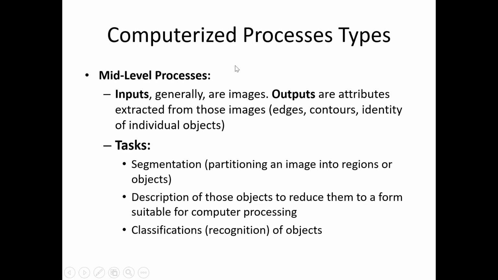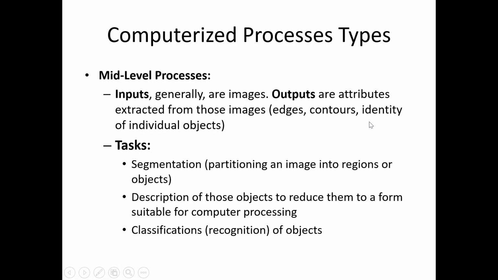Such operations come under low level processing. If we are talking about mid level processing, we use the input images and, as output, we have to find the attributes, or extract information about attributes such as edges, contours, and identity of individual objects.